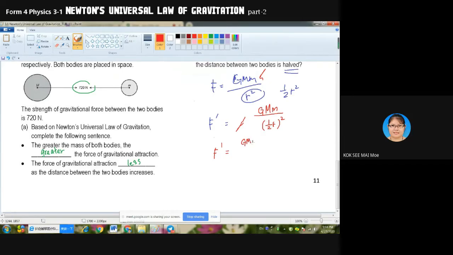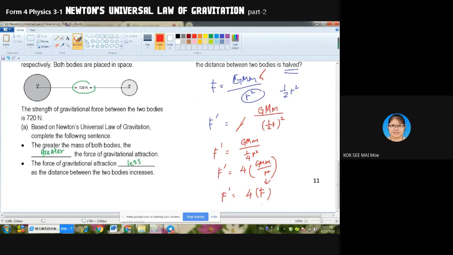G, capital M, small m, 1 over 4 R square. Okay, this 1 over 4 I want to bring up. So F prime will become 4, then G, M, and R square. So this one actually is F. So your F prime is 4. So that means now your force is bigger 4 times. If they ask about the number, then you take the 4 multiplied with 720 Newton.